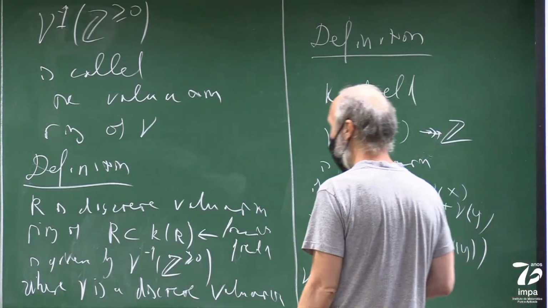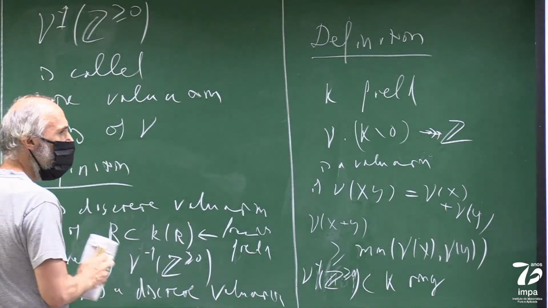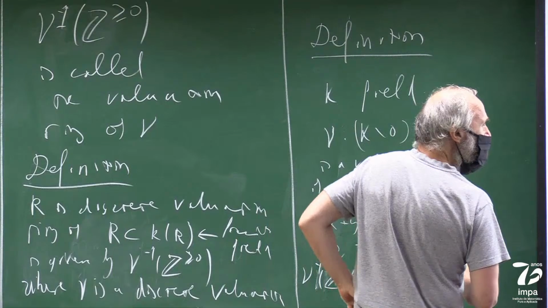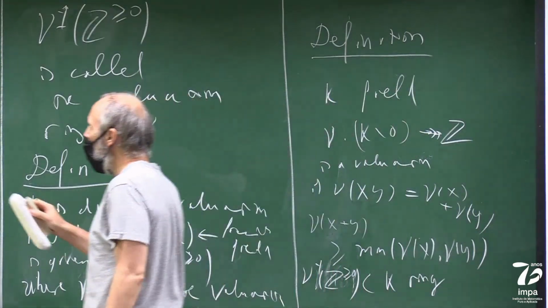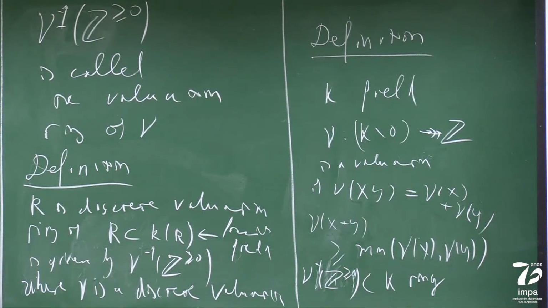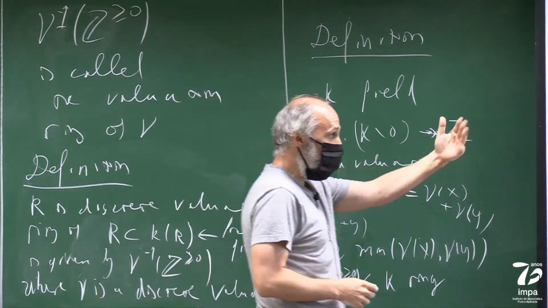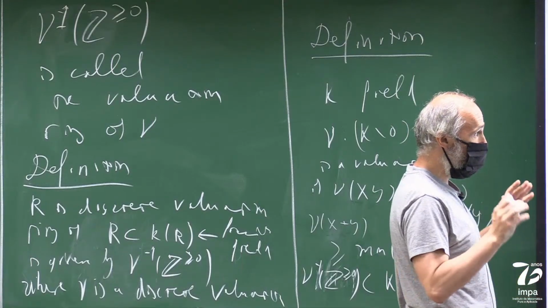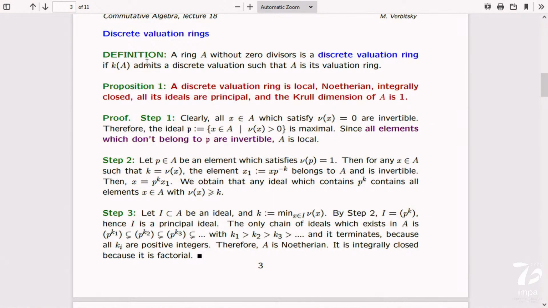So let's list some properties. Proposition 1. The funny thing is that here I characterize a discrete valuation ring by being local, Noetherian, integrally closed, with all ideals principal, and Krull dimension 1.